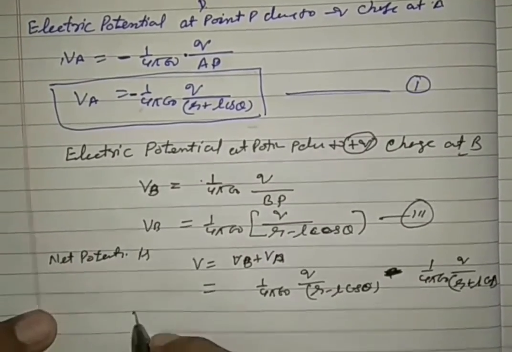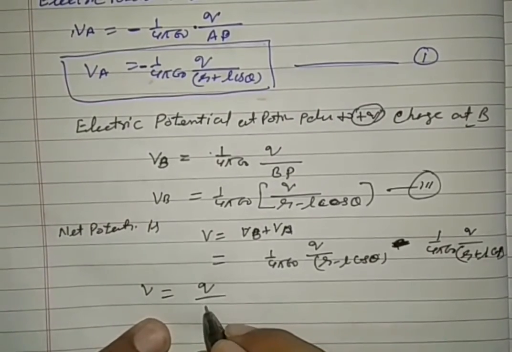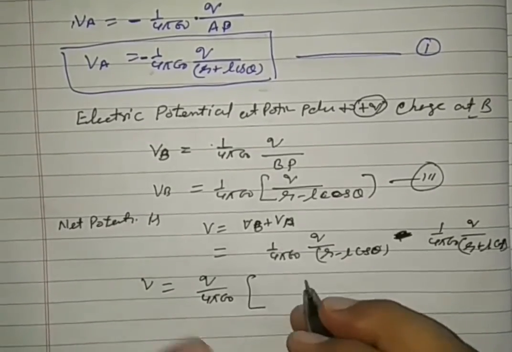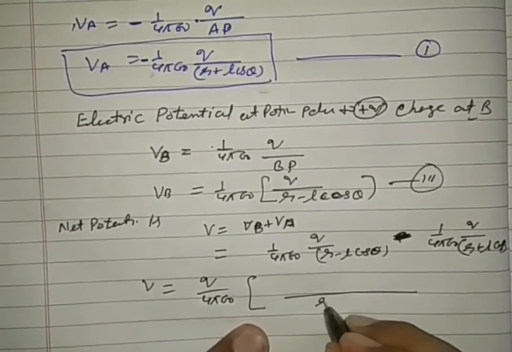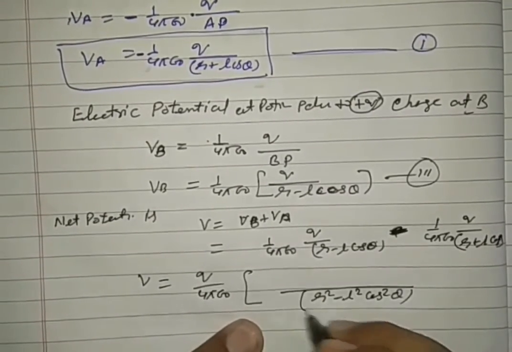The common term is 1 upon 4 pi epsilon 0. The LCM is r square minus L square cos square theta.